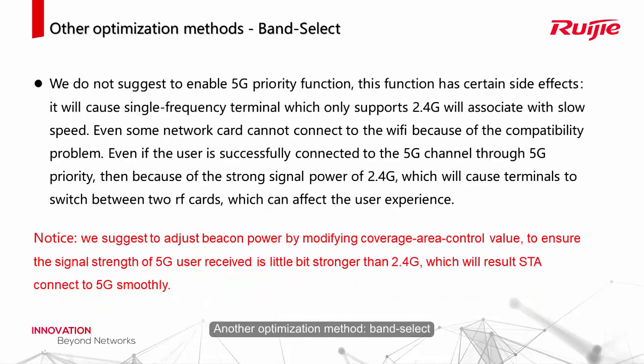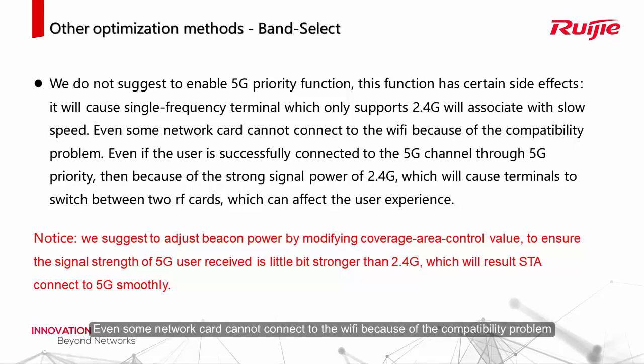Another optimization method: band select. About this method, we do not suggest to enable the 5G priority function. This function has certain side effects. It will cause single-frequency terminals which only support 2.4G to associate with slow speed. Even some network cards cannot connect to the Wi-Fi because of compatibility problems.